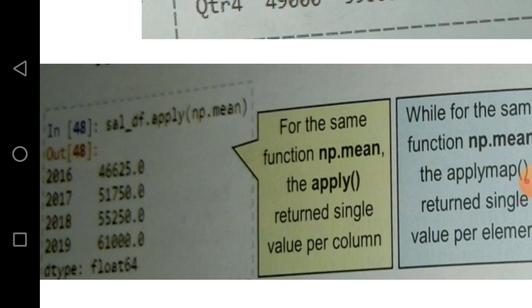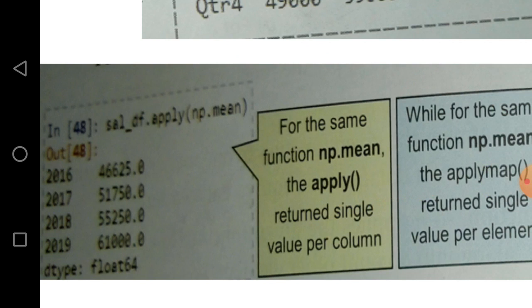This is the output after we apply the function np.mean. As we know, np refers to numpy, and mean is a function from the numpy library. The statement is sal_df.apply(np.mean).